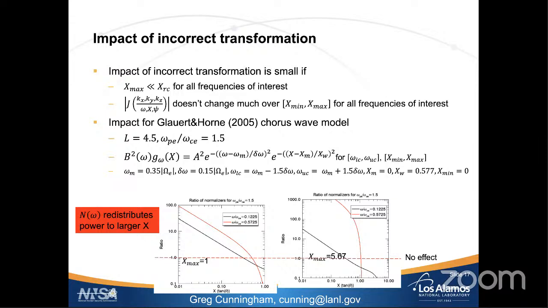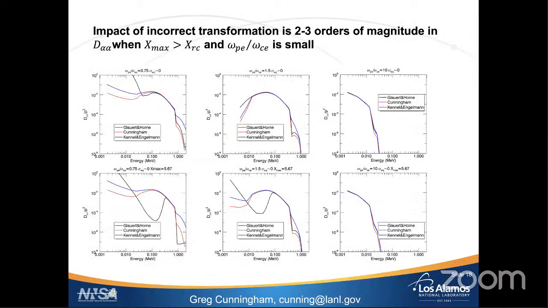Next slide. Using the same chorus model as in the previous slide, I next plot out the pitch angle diffusion coefficient as a function of energy for very small pitch angle for the approach I suggest in red, and for Glauert and Horn in black. The blue line uses Connell and Engelmann with the notational error and an assumption that the wave power is uniform in azimuth, since that equation will give you different answers depending on what the power distribution in azimuth is.